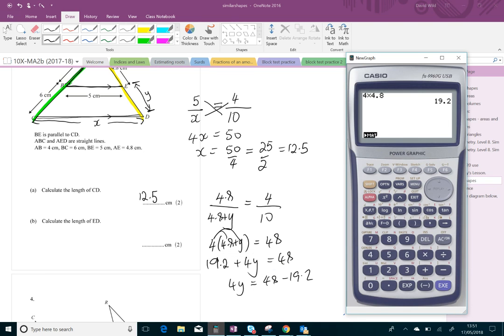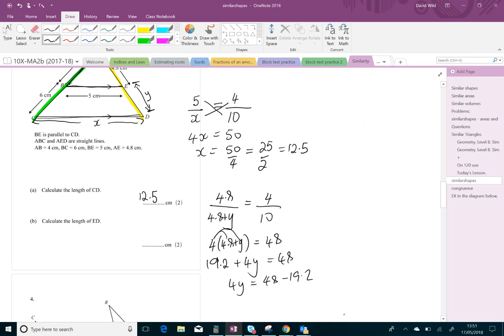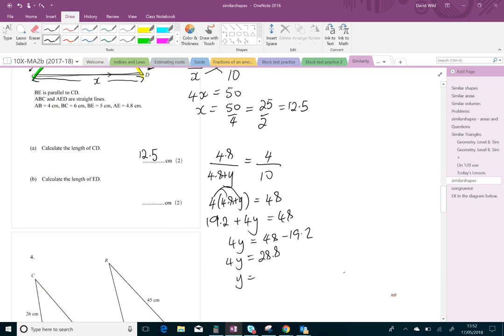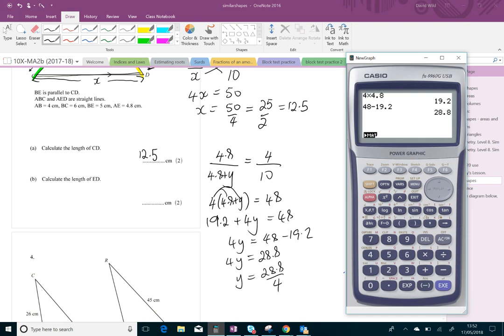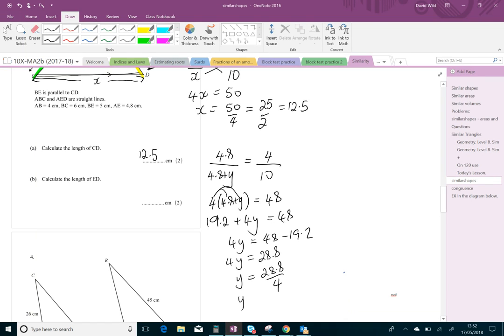Let's work that out. 48 minus 19.2 is 28.8. So y is 28.8 divided by 4, dividing both sides by 4. So we divide that by 4 and we get 7.2.